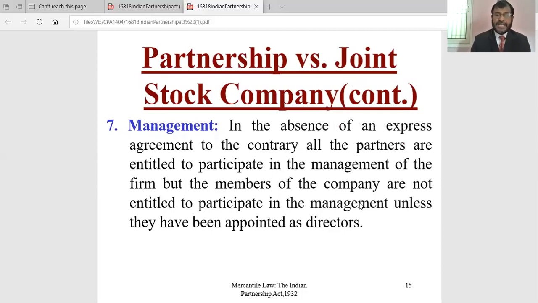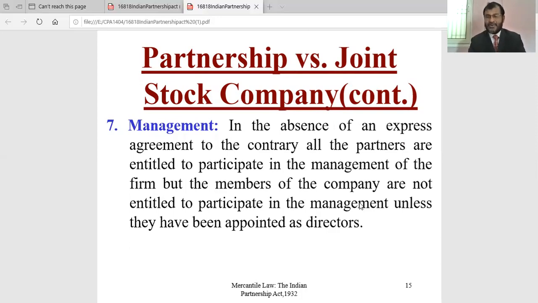Second, we will see the seventh parameter, management. In the absence of any express agreement to the contrary, all the partners are entitled to participate in the management of the firm, but members of the company are not entitled to participate in the management unless they have been appointed as directors.